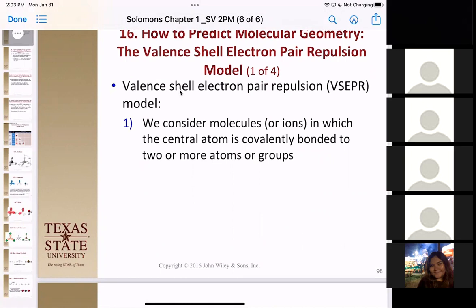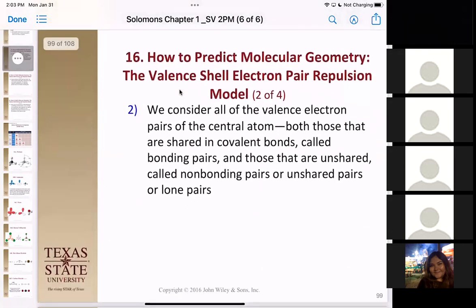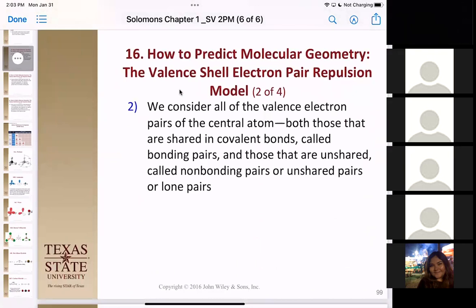So we want to pay attention to all of this. We need to pay attention to our valence shell electrons, which are all the electrons we see in our Lewis dot structures. That's the first thing, right? And we need to make sure we also draw our lone pairs, because that's going to be important to our structure there. That way we can start with looking at the geometry around our central atom.